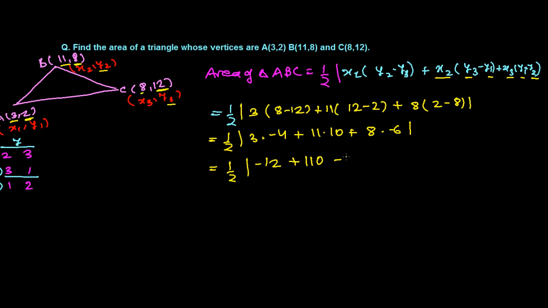Minus 48 and minus 12 is minus 60, and with 110 it will be 50. So 1 by 2 times 50. It's the absolute value: whether it is negative or positive, we always write positive, because the area of a triangle is always positive. So 25 unit square is the area of the triangle.